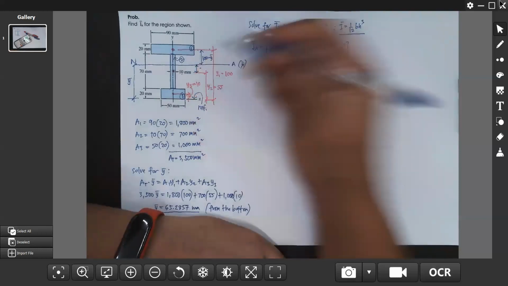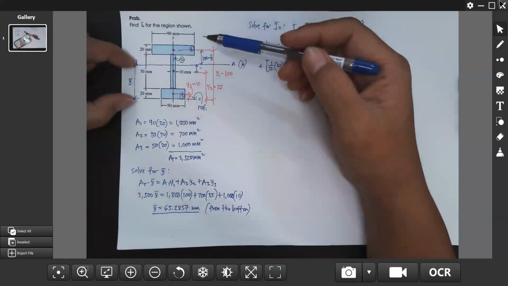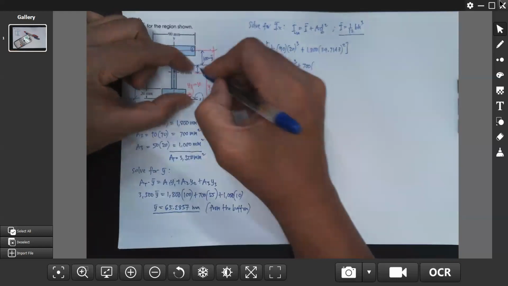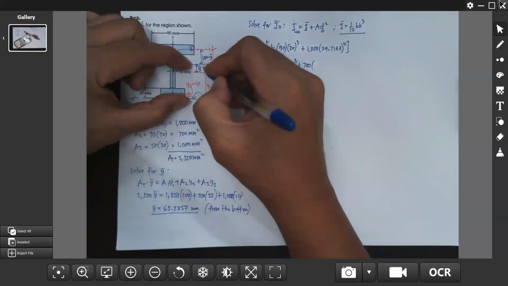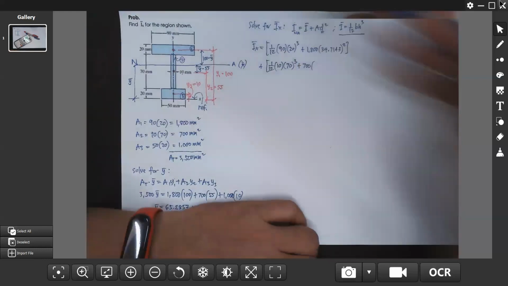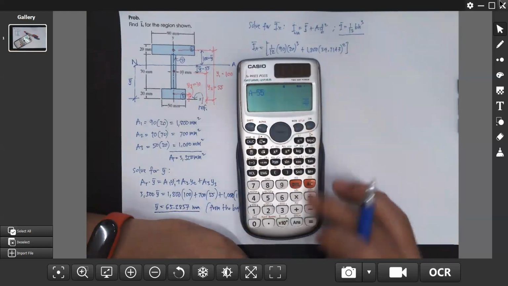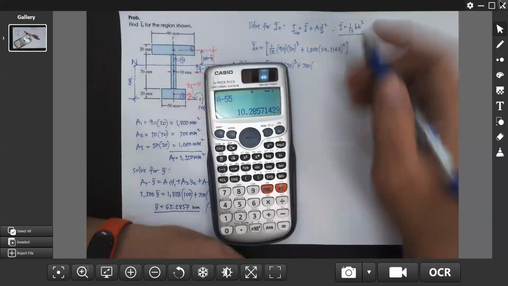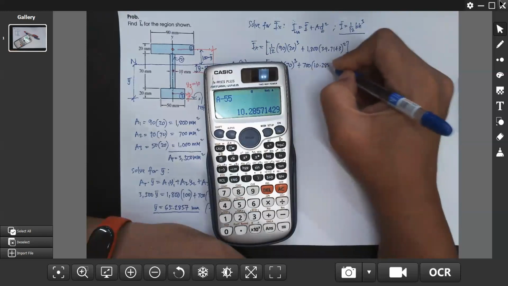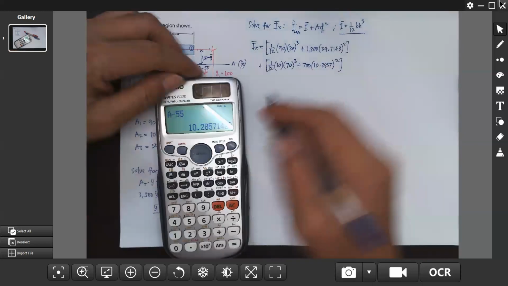That's D2, which is y bar minus y2, or 55. Our y bar is A minus 55. We have 10.2857 squared.